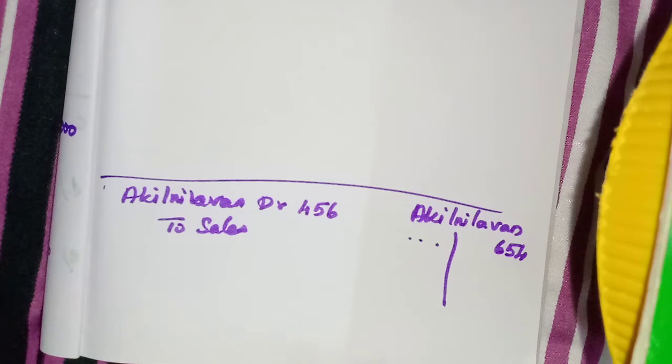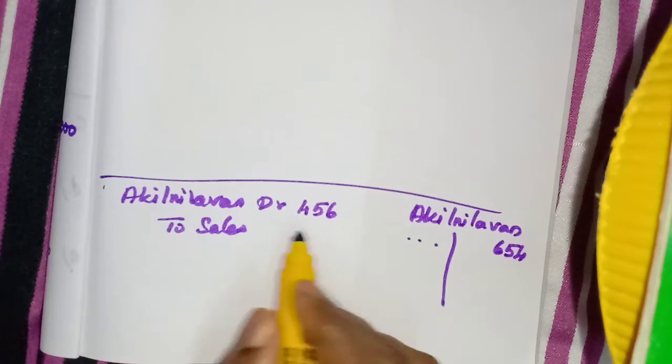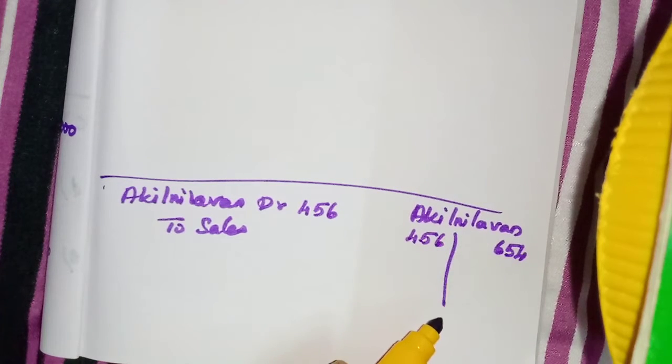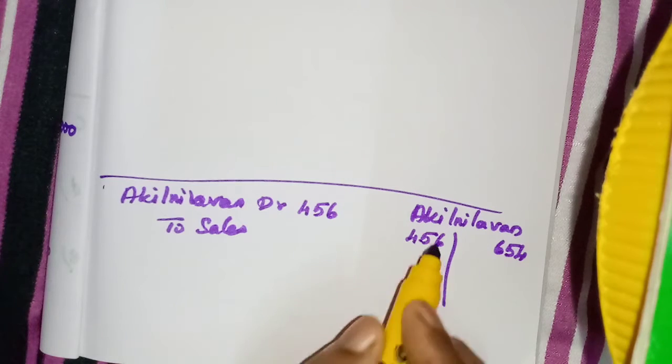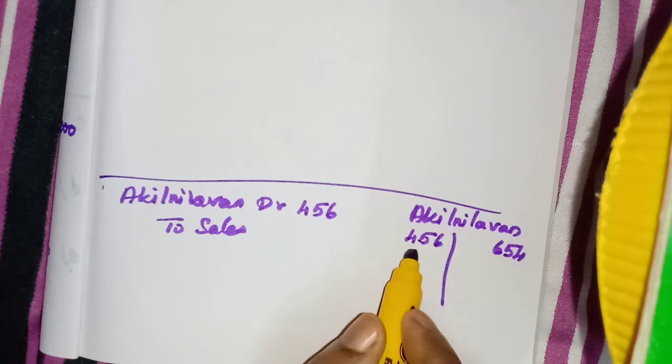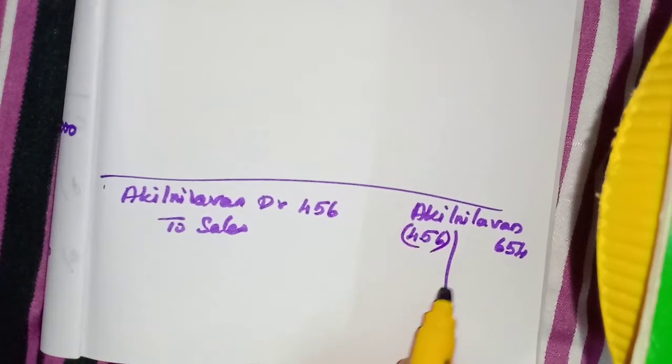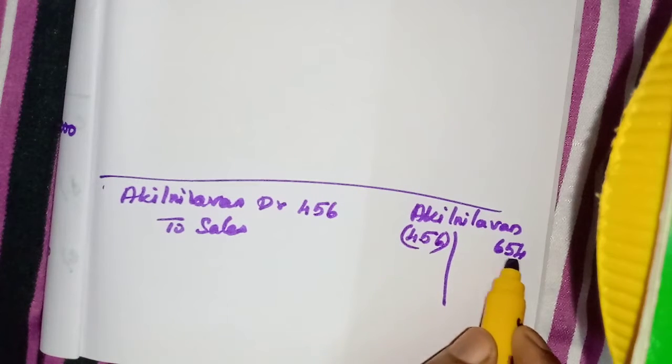So we need to debit 456, isn't it? His account must be debited with 456. That was not done, but they have credited 654. This we need to cancel.